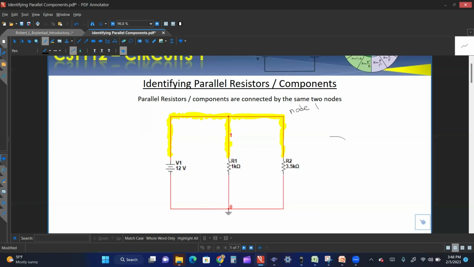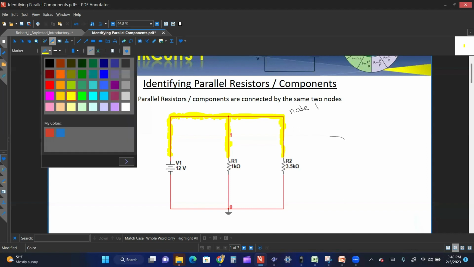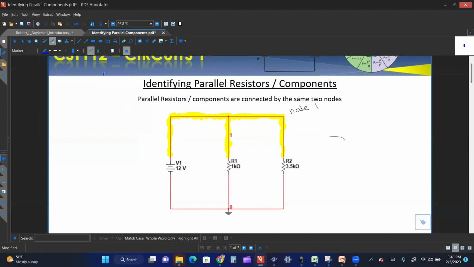That's one node. I would do the same thing for the other nodes, except I would change my color. This time I'll use blue. On this side of the resistor, I'm just going to keep highlighting up until I see a resistor or a component.